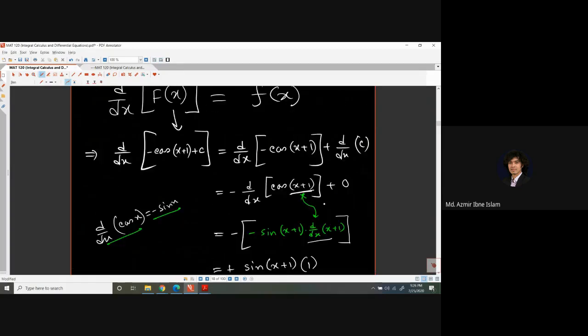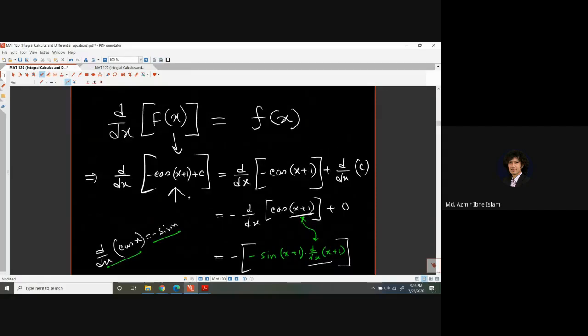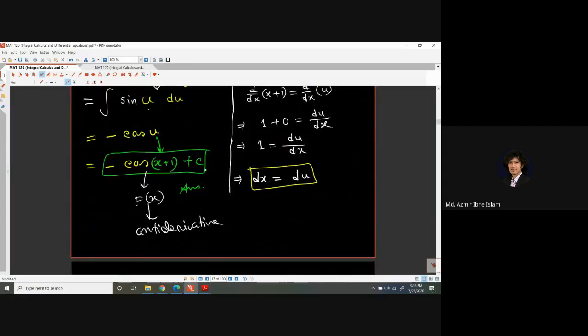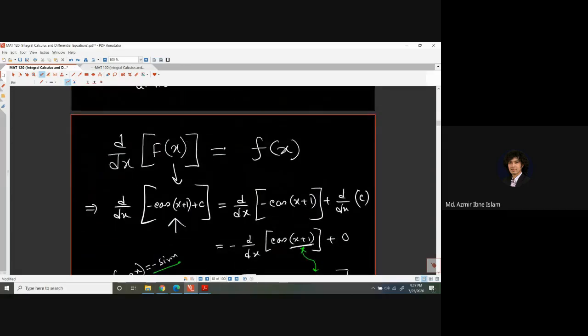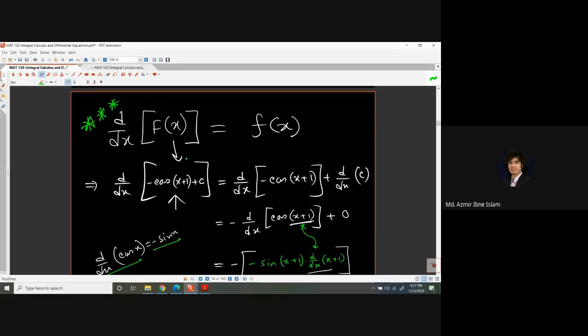So we are differentiating the antiderivative, that means the answer of this integral. Okay, the answer of this integral is this one. If we differentiate this part, we will get the main function. So you don't need to verify this one every time, but since I am studying from the very beginning, that's why I have discussed this one again. Okay, this concept will always be true for any integral, any indefinite or definite integral.